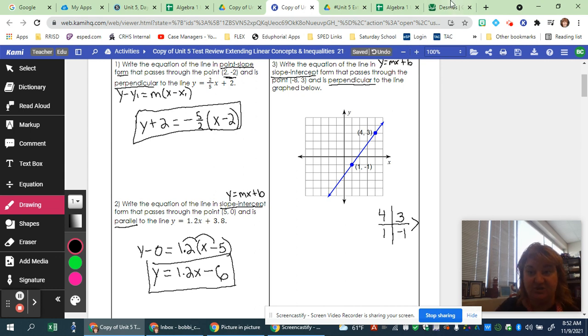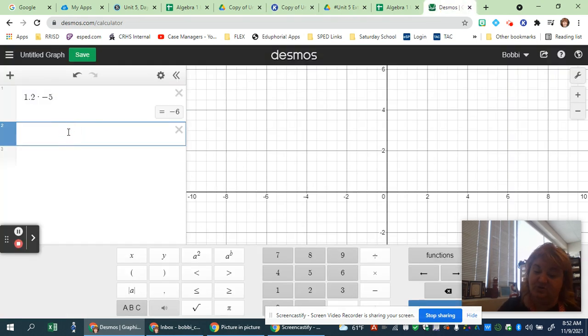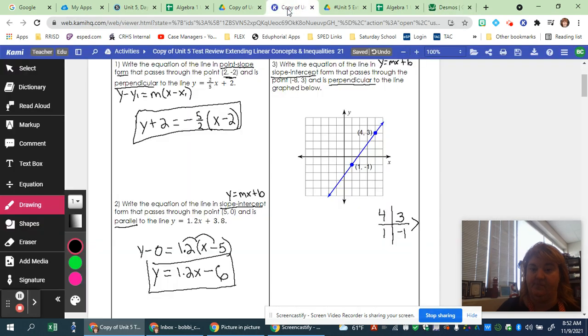If you don't remember how to do that, all you have to do is go -1 minus 3, -4. Okay, so this is -4. And 4 to 1, how did I go from 4 to 1? Well, I subtracted 3. So my slope is -4 over -3, which is going to equal 4 over 3.